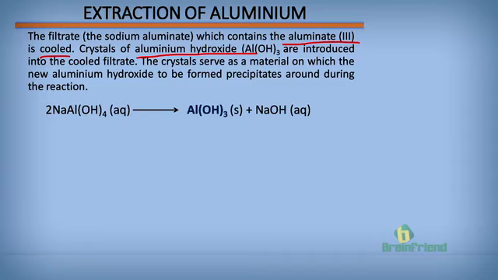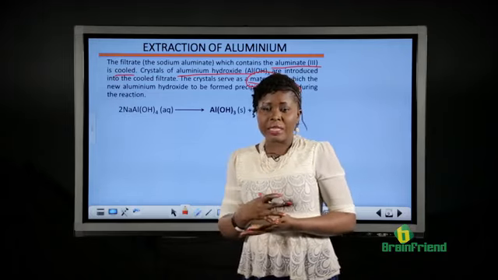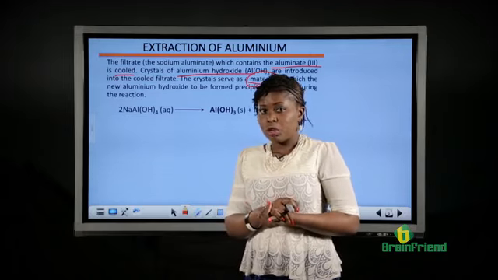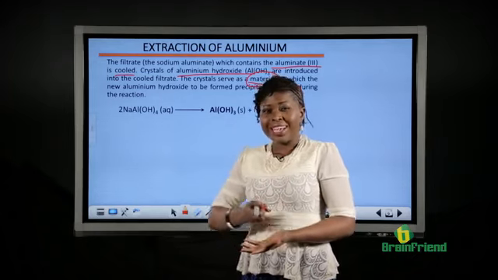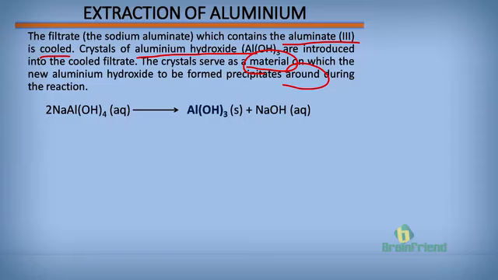These crystals serve as a material on which new aluminium hydroxide is going to precipitate around during the reaction. So we are saying that the sodium aluminate, after it has been cooled, we need aluminium hydroxide to precipitate out of this solution. But then it may not be able to precipitate on its own.